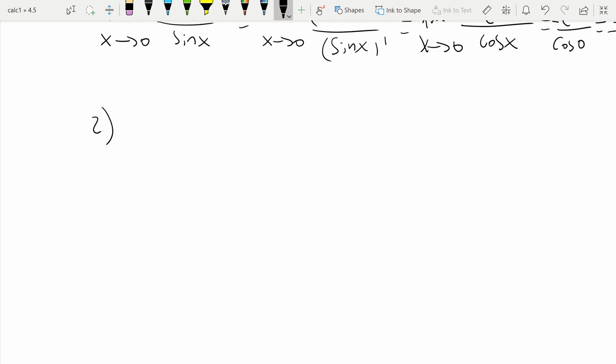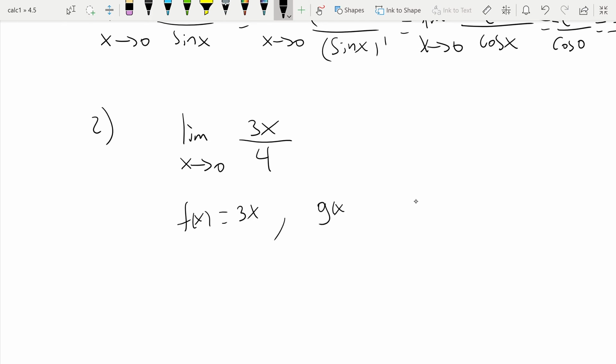So suppose that instead we were asked to find the limit when x approaches 0 of 3x divided by, say, 4. This is a kind of silly example, but here we're not in a L'Hopital's rule situation. Here f of x is equal to 3x.